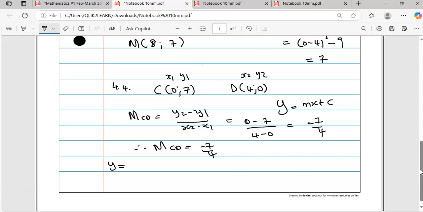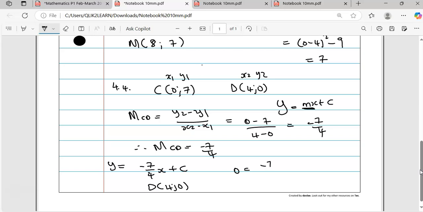So y will be in the form where there's m, I'm going to put minus 7 over 4 x plus c. Then I can substitute one of these points. C or D is fine. We can use D. If we sub in D, we know this is 4 and 0. Therefore, where there's y, we put 0.